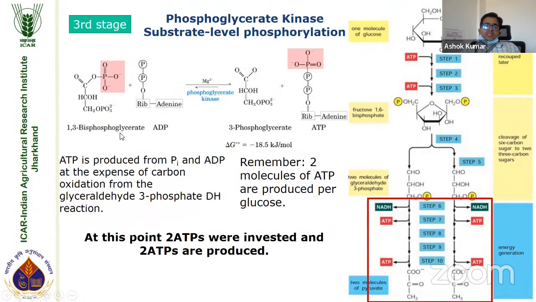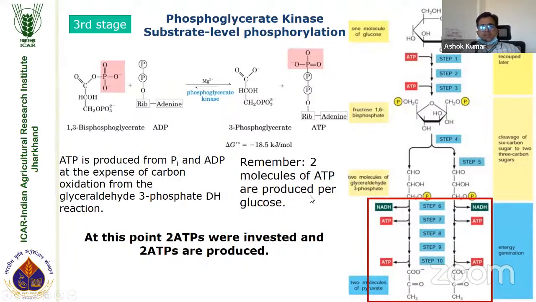Further, 1,3-bisphosphoglycerate takes another ADP and directly undergoes substrate level phosphorylation, and this ADP is converted into ATP. This is the first ATP produced. Phosphoglycerate kinase is the first enzyme which yields substrate level phosphorylation in the glycolysis process.